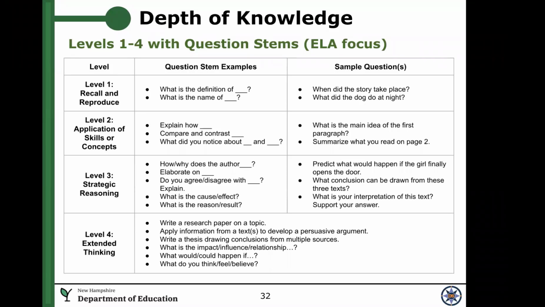All right, so what does this look like in practice, specifically for this part with an ELA focus? It was said before, but I'll say it again. It's important that you're using a variety of these DOK levels across your assessment and instruction to make sure that you're getting a full picture of their understanding.